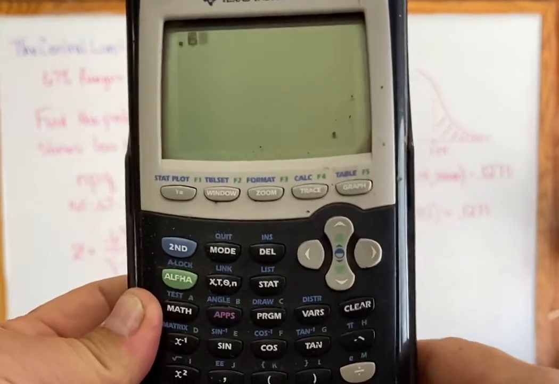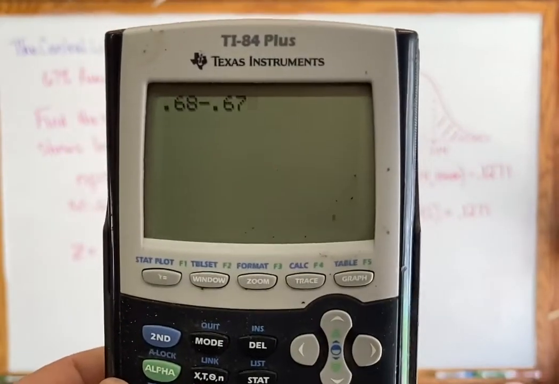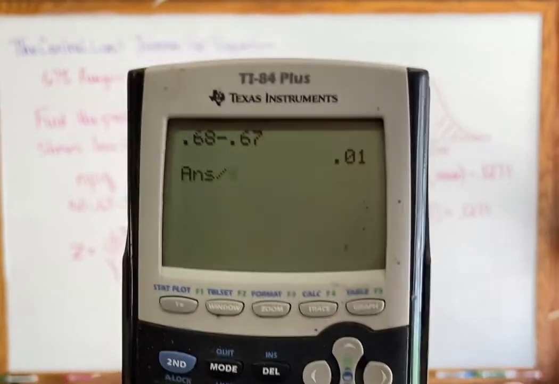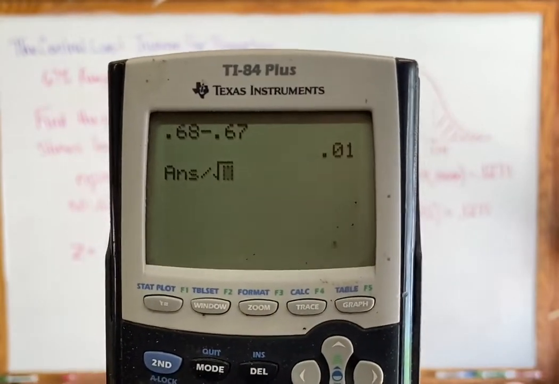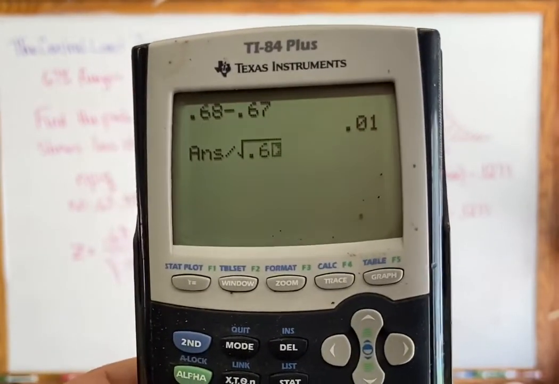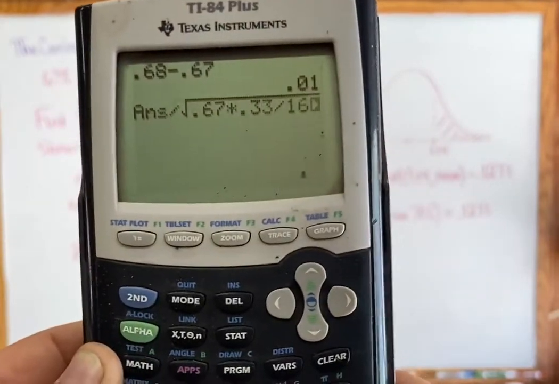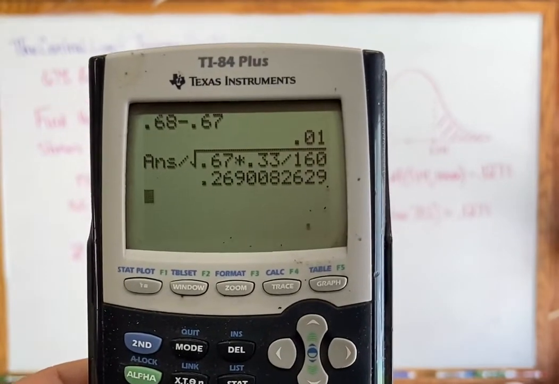Okay, so 0.68 minus 0.67. And then immediately divided by, and then second square root, and then type that whole thing, 0.67 times 0.33 divided by 160. Whole thing, and then just hit enter.